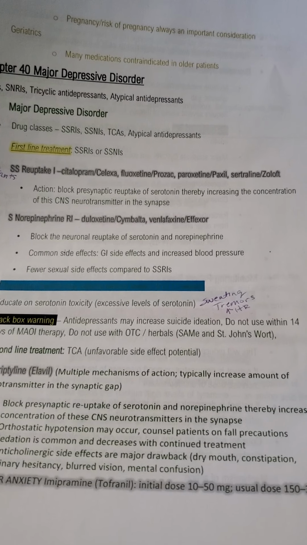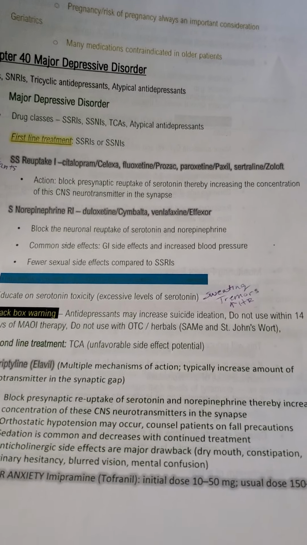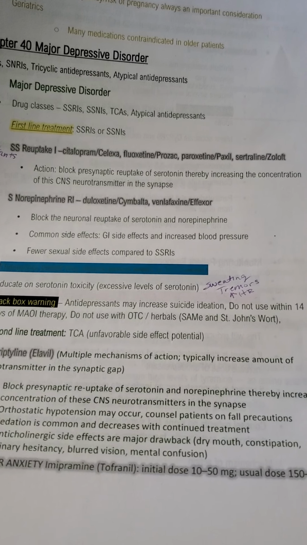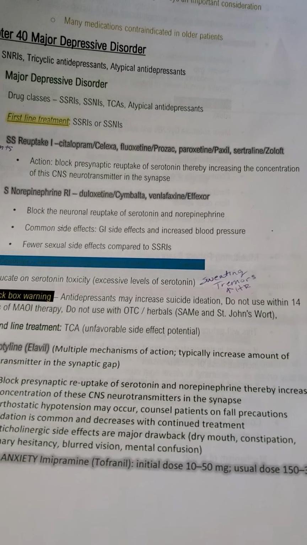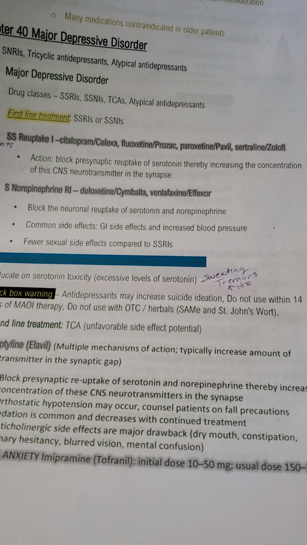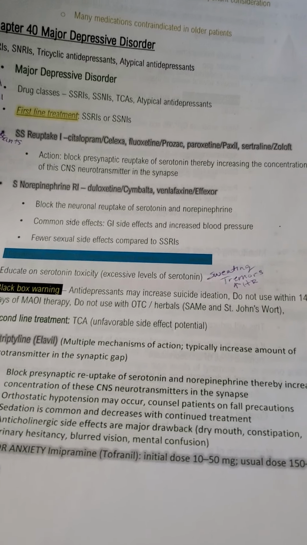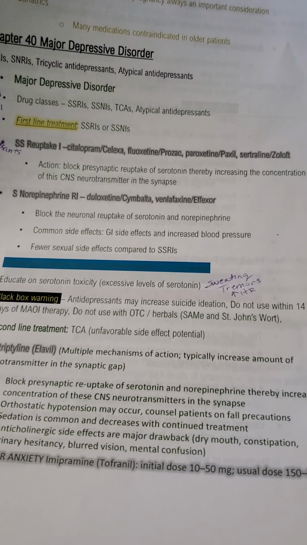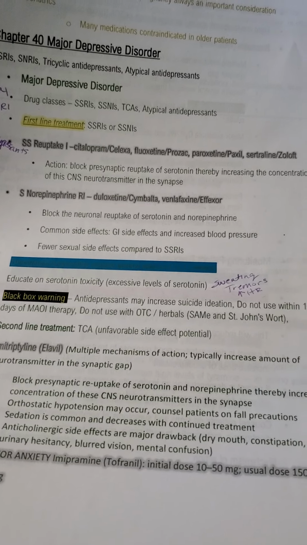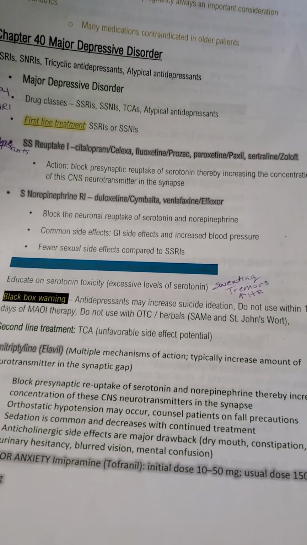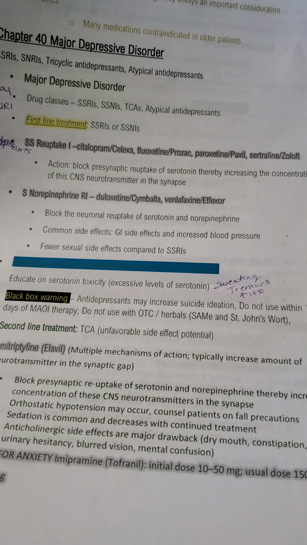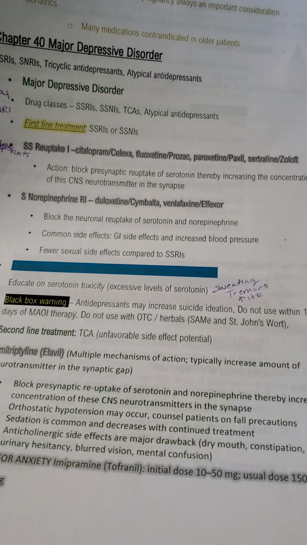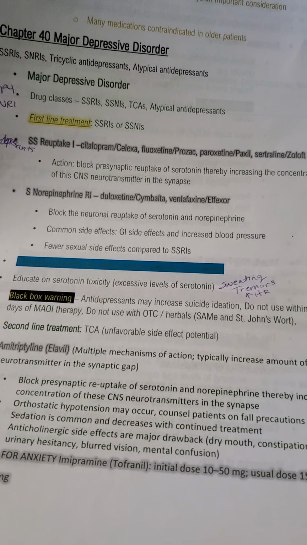The action of these drugs is to block the synaptic reuptake of serotonin, increasing the concentration of this CNS neurotransmitter in the synapses. Serotonin and norepinephrine reuptake inhibitors: duloxetine, Cymbalta, venlafaxine, Effexor.